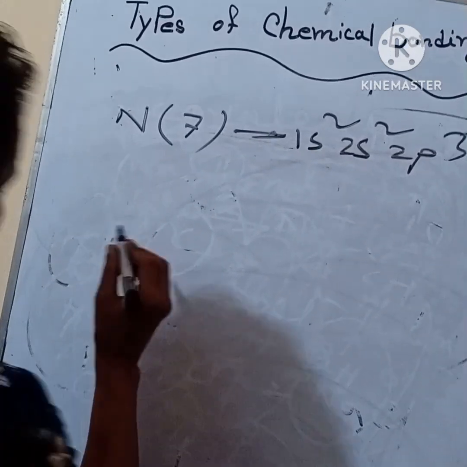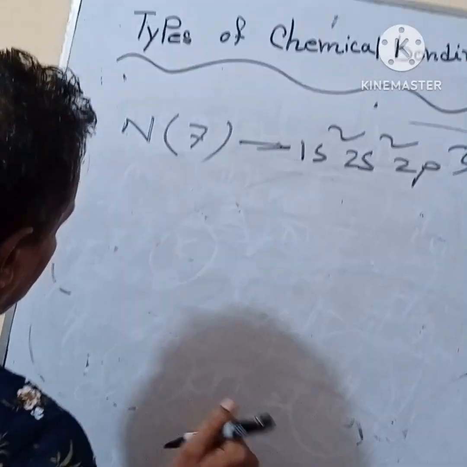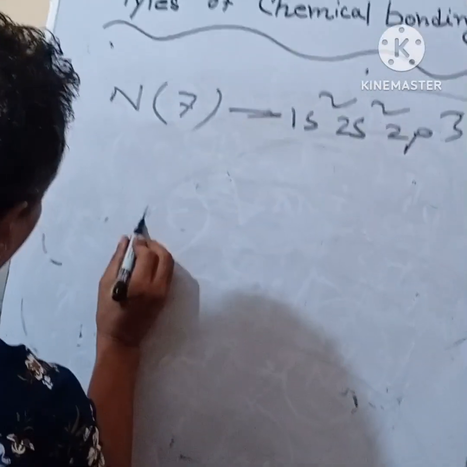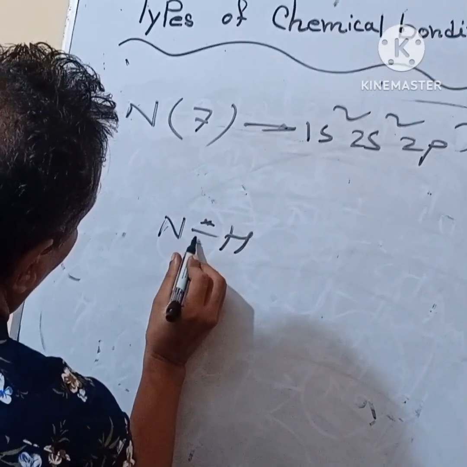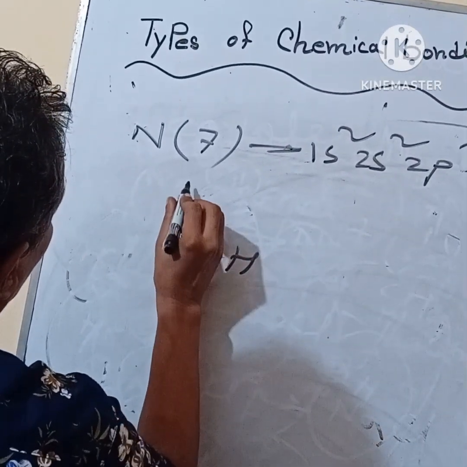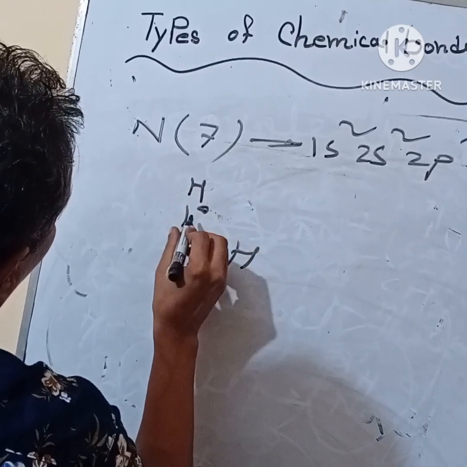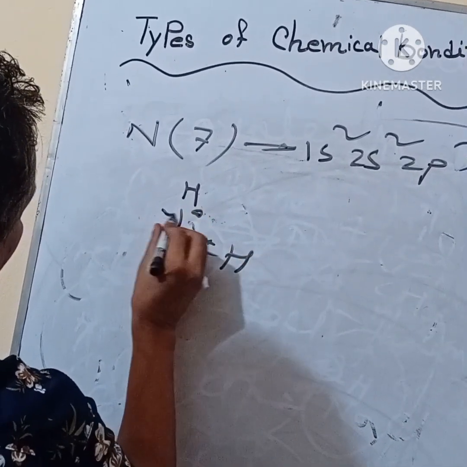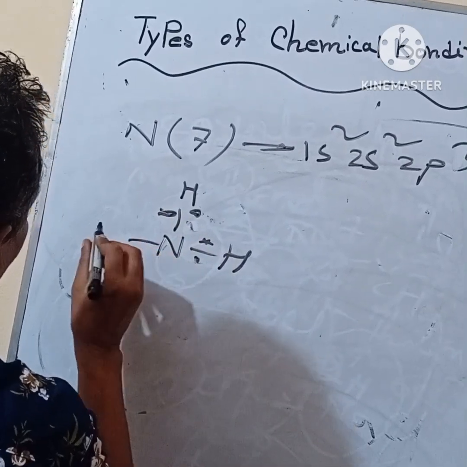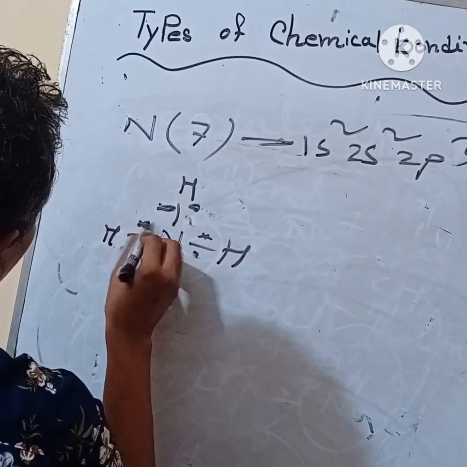So firstly, nitrogen reacts with hydrogen: 1 hydrogen, 2 hydrogen, 3 hydrogen.